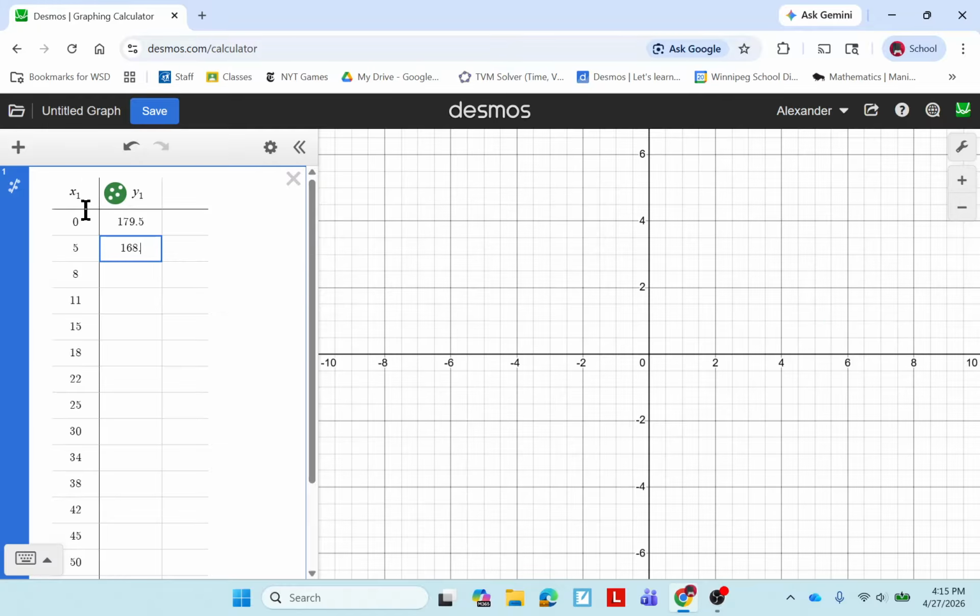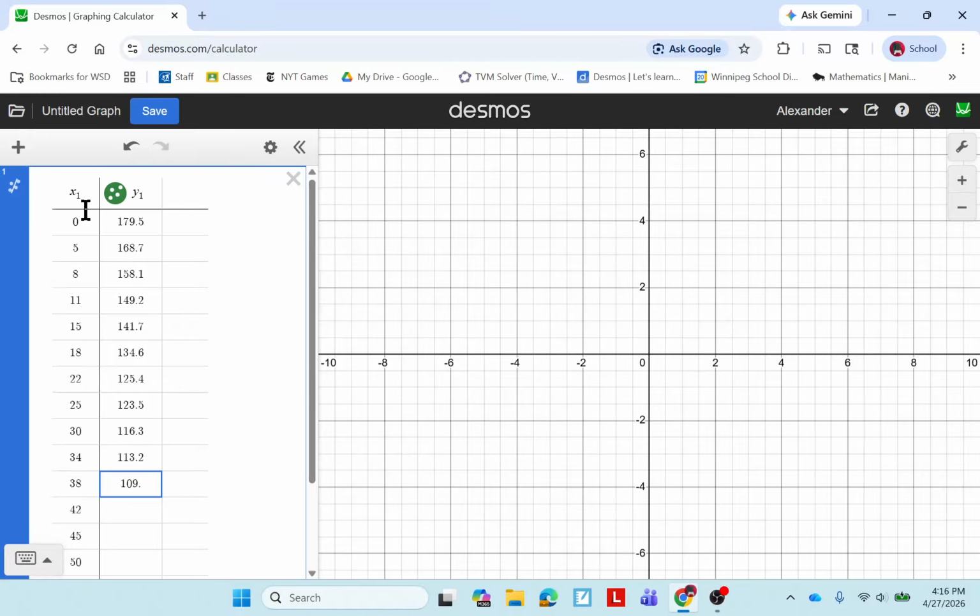So 168.7, 158.1, 149.2, 141.7, 134.6. And just as we are entering this data in here, just try to think about, do you think that this is a growth function or a decay function, and why do you think that will be? We're going to find out in a minute when we actually do our regression equation.